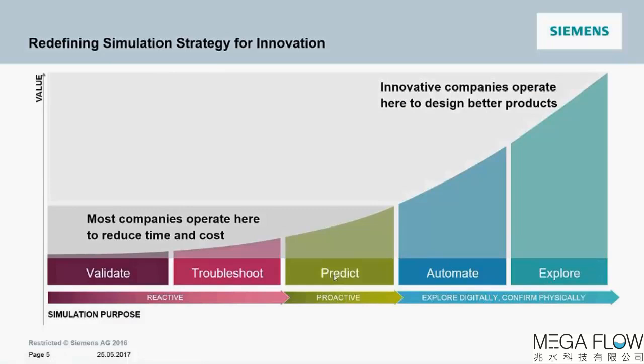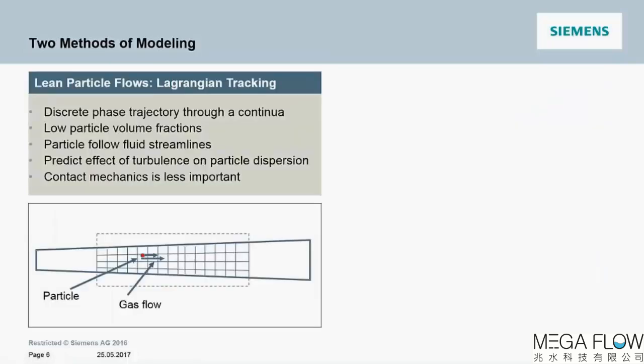However, really cutting-edge and innovative companies try to automate their simulation workflow and then use intelligent search algorithms to really explore the best designs or the best operating conditions so that they can find these optimum conditions fast.